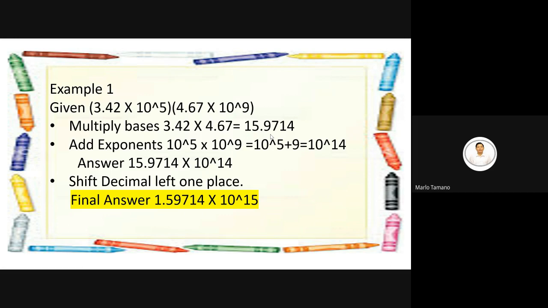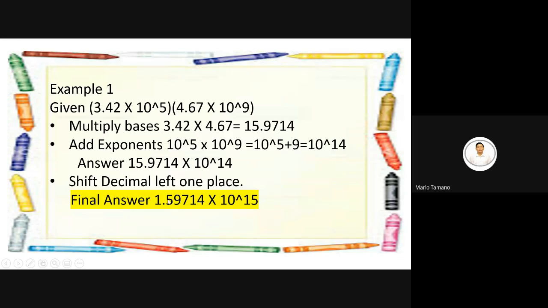So pwede po ninyong i-verify if the product is correct. So 15.9714. After that, add the exponents. So 10 to the 5th times 10 to the 9 is equal to 10 to the 5th plus 9 is equal to 10 to the 14.